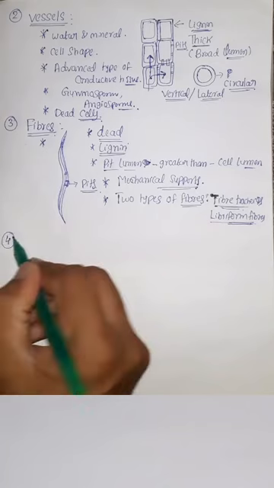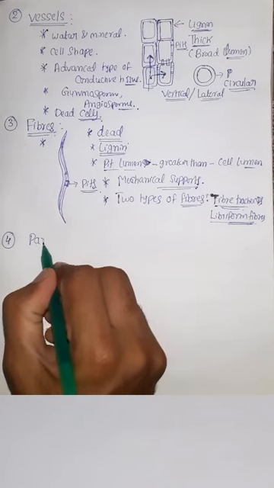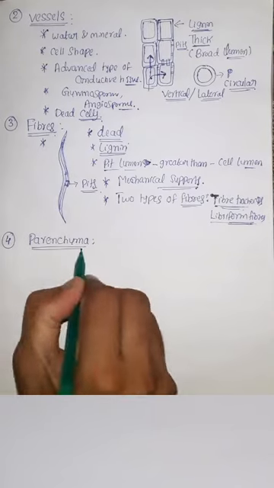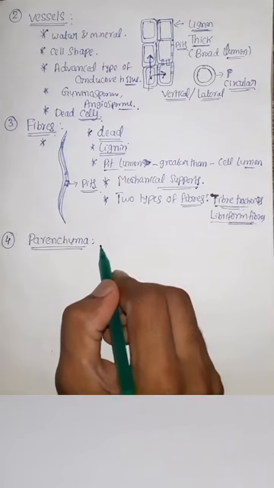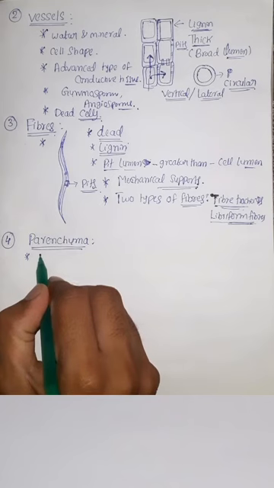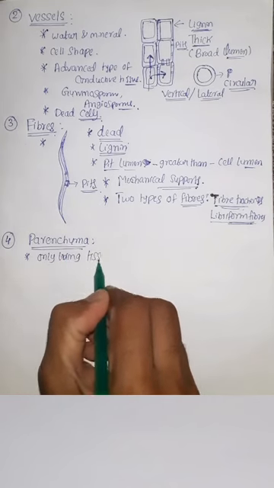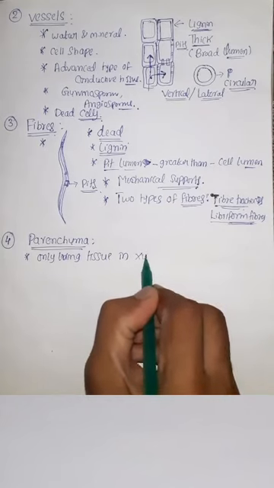Coming to the fourth type, that is xylem parenchyma. It is the only living tissue in xylem.